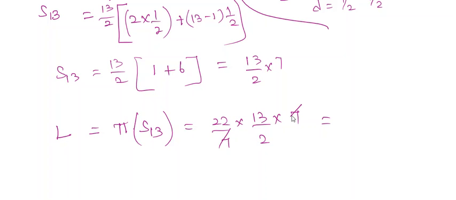So 7 can be cancelled, 2, that is 11. So it is 143. What is the unit? It's after all length, so centimeter. So this is the answer.